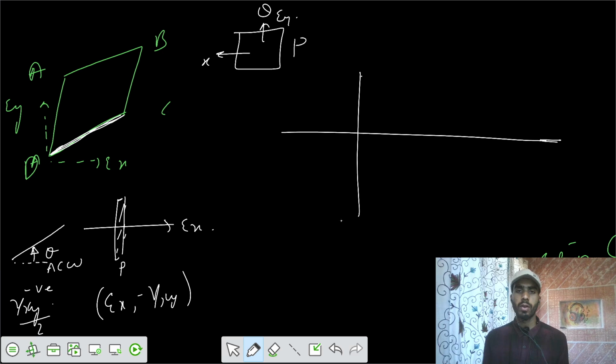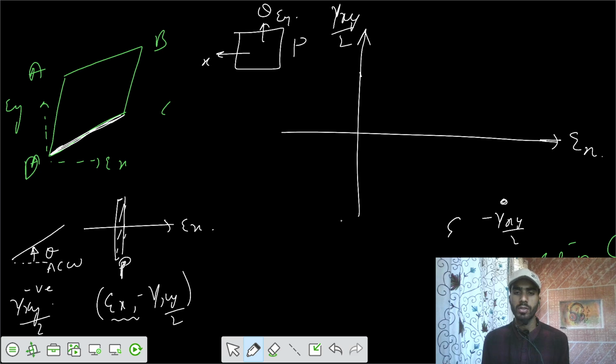So we are plotting shearing strain by 2 and your normal strain. To plot the point P or plane P, you have strain Ex comma minus gamma xy by 2. Let's say gamma xy is negative here somewhere; this is minus gamma xy by 2, and you have strain X. So this is plane P.